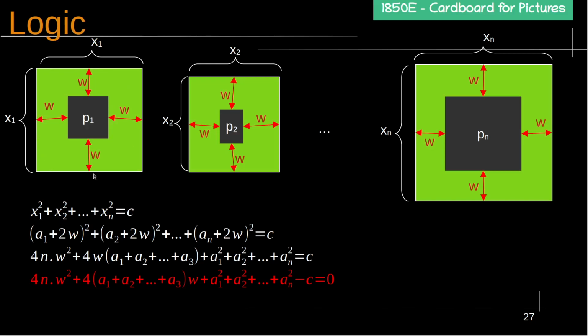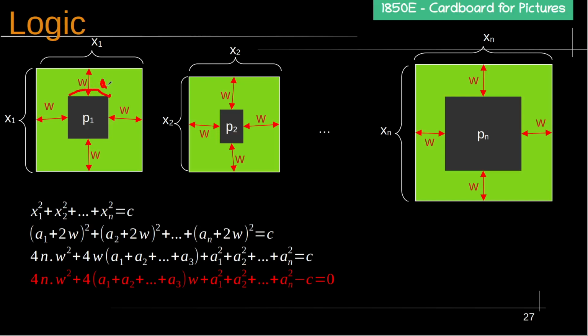Because if you have a square, the area of each square, for the first one, is x1 times x1, which means x1 square. But here, as you see, x1 we can write by the size.